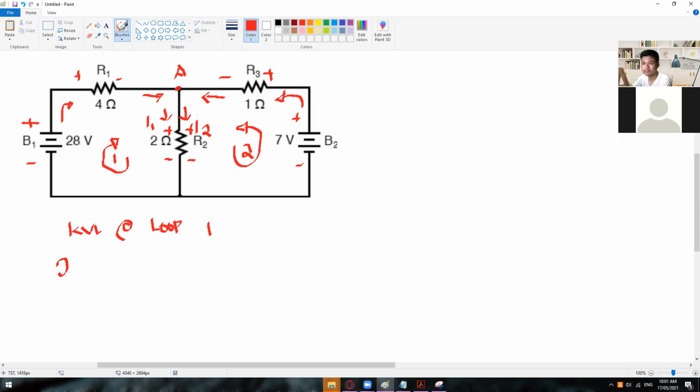So we have positive 28 volts minus 4 times I1. And then right here we have minus 2 times R2. My bad. The one that I wrote a while ago is R2, so this one is incorrect. The one that I should be writing is I2.